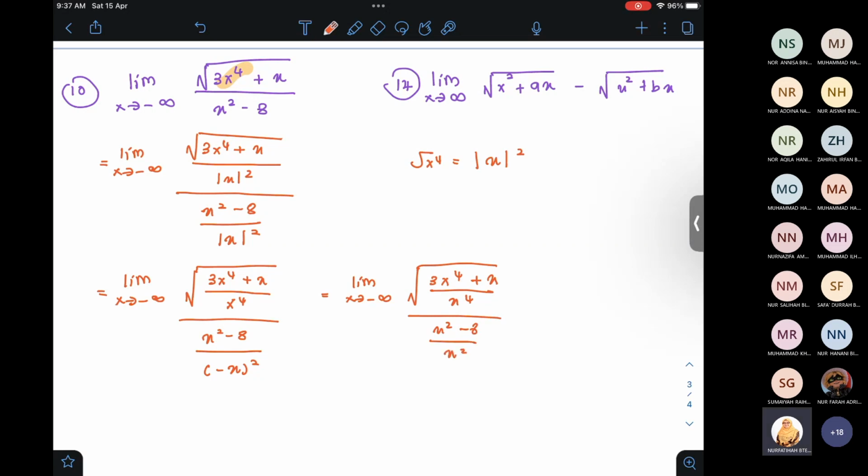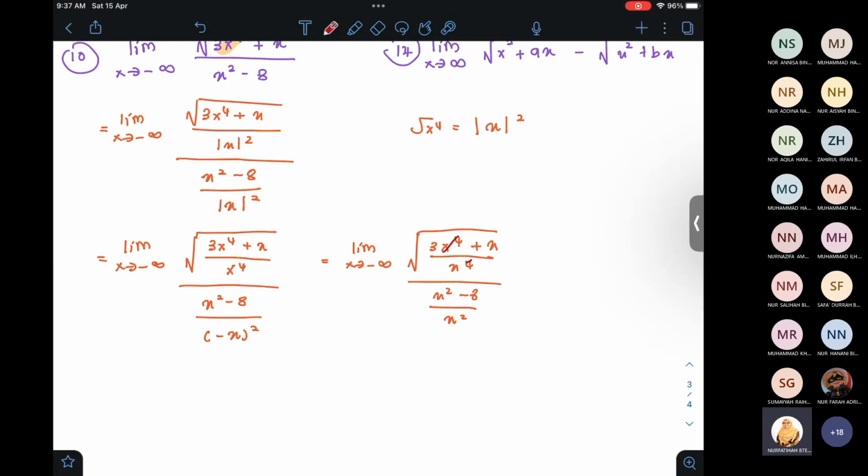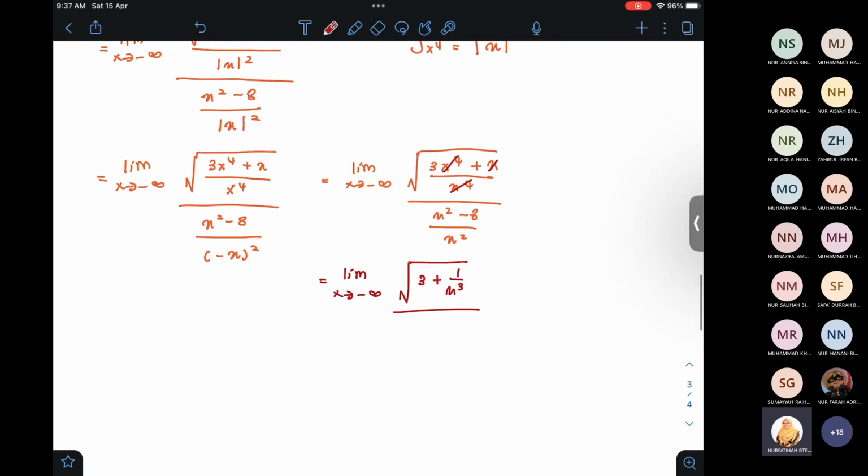Now let's simplify our equation. For the upper part, we can cancel x to the power of 4. We get limit x tends to negative infinity, the square root of 3 plus 1 over x cubed. Then the bottom part, we can cancel, so we just have 1 minus 8 over x squared.